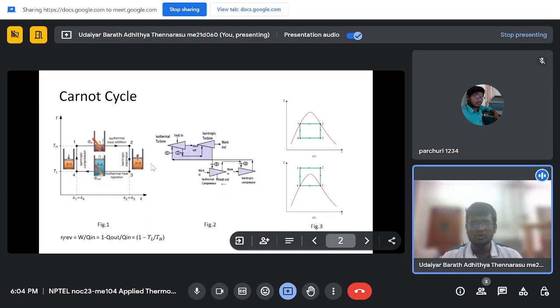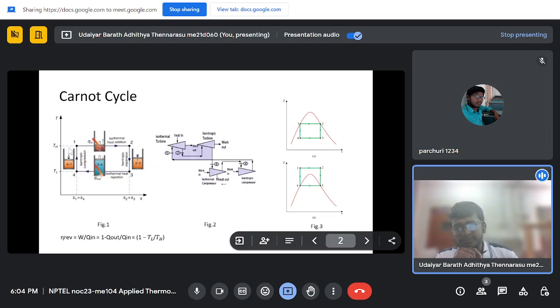Now you see the operation of the Carnot cycle. You have four processes. First, an isentropic compression. So it's a reversible adiabatic, so there is no heat transfer. You have a pictorial view of what's actually happening, a piston cylinder arrangement.